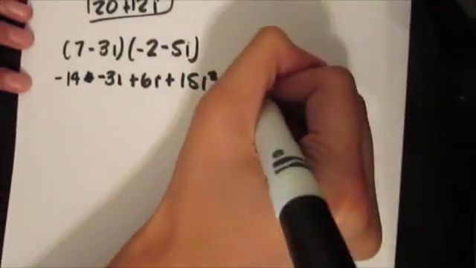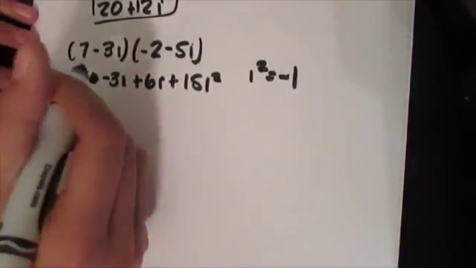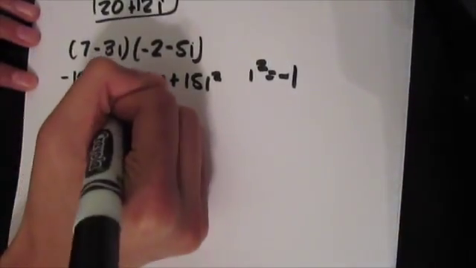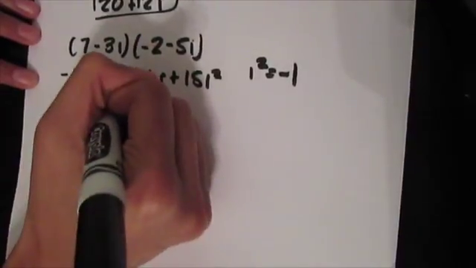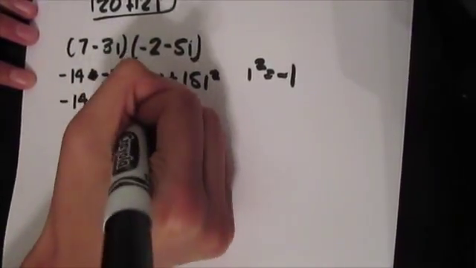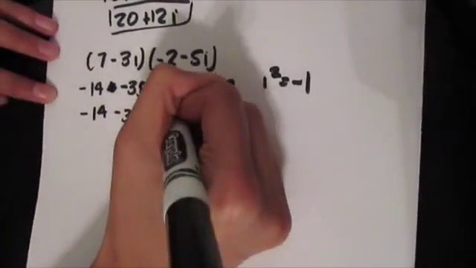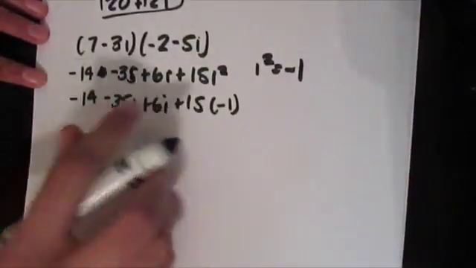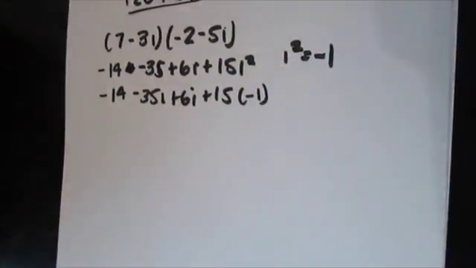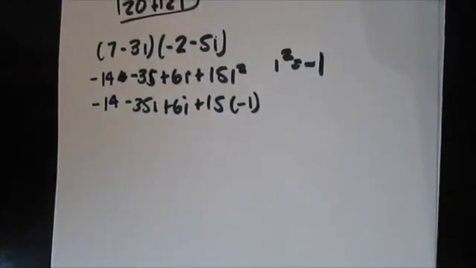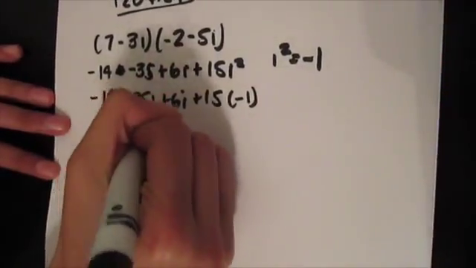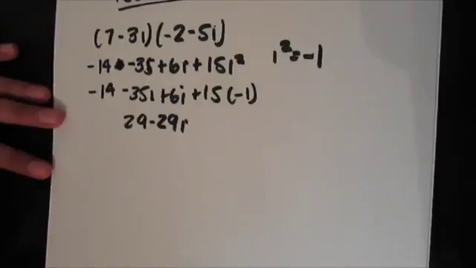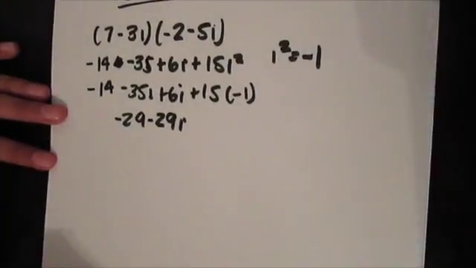Once again, i squared is equal to negative 1, so it will be negative 14 plus 35i plus 6i minus 15. After simplifying all of this, our final result will be negative 29 plus 41i.